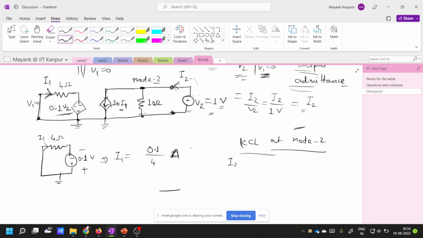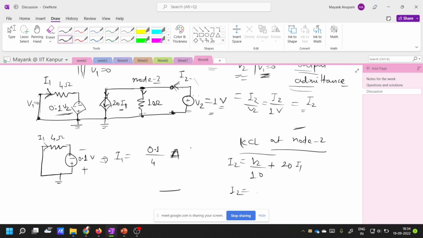It will be I2 equal to V2 by 10. Basically I2 should be equal to the current flowing through this and flowing through this, right? So I2 should be V2 by 10 plus 20 times I1.